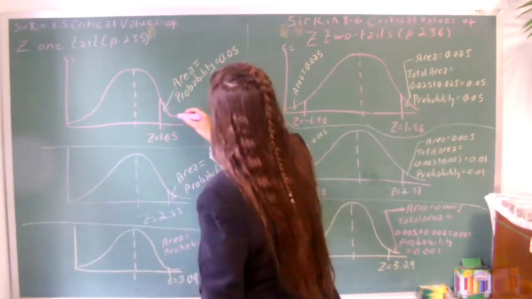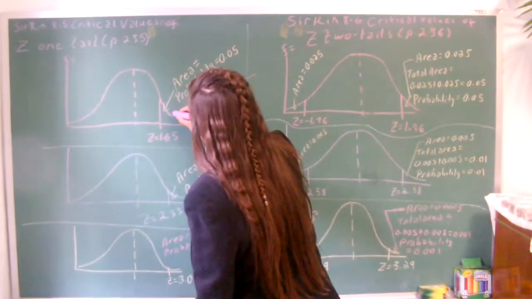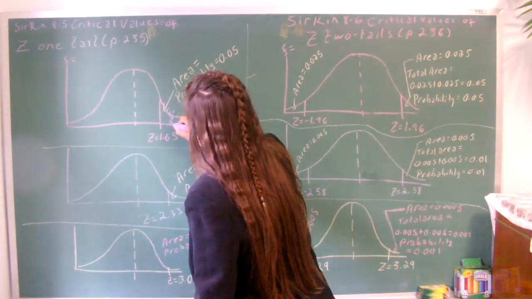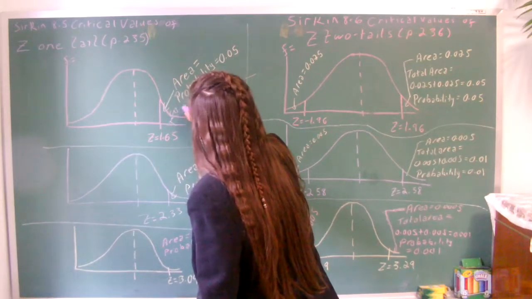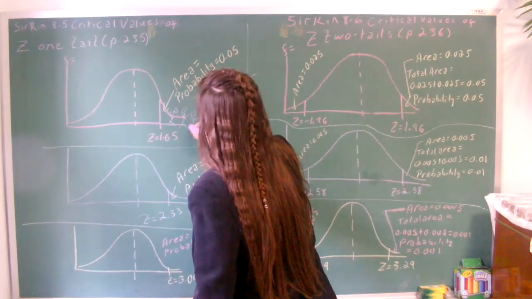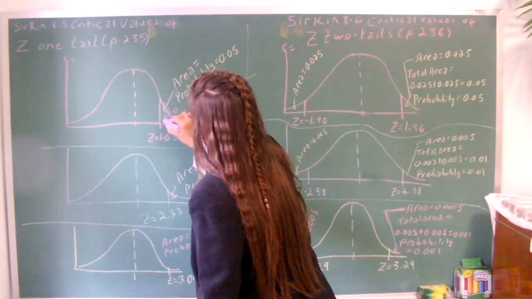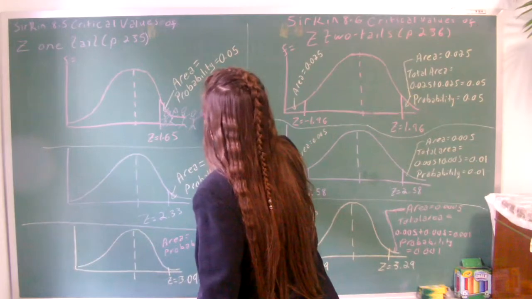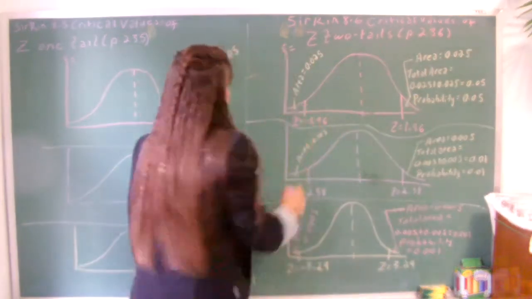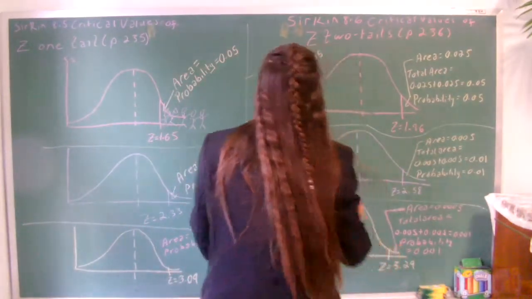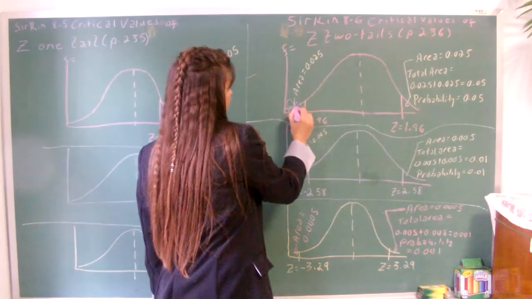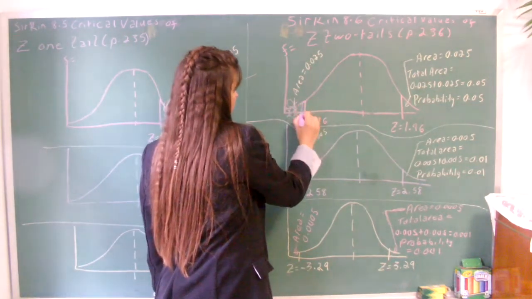Let's say out of 100 people, because it's much easier to write 5 here. What this is saying is 5%, or 5 people, won't be affected by the treatment in the way that we're predicting. Over here, since we have to divide that in half, well, there's no such thing as 2.5 of a person.